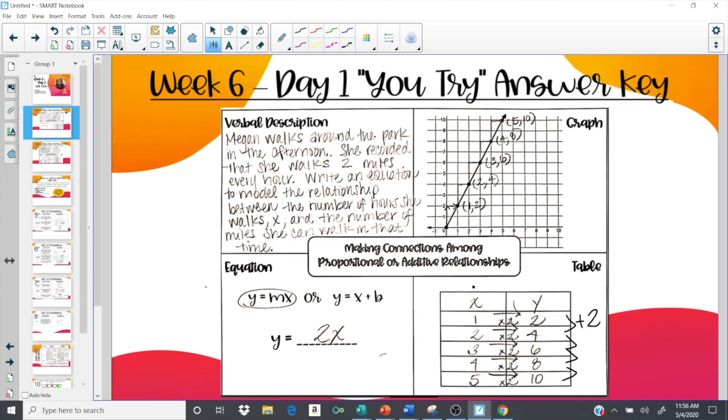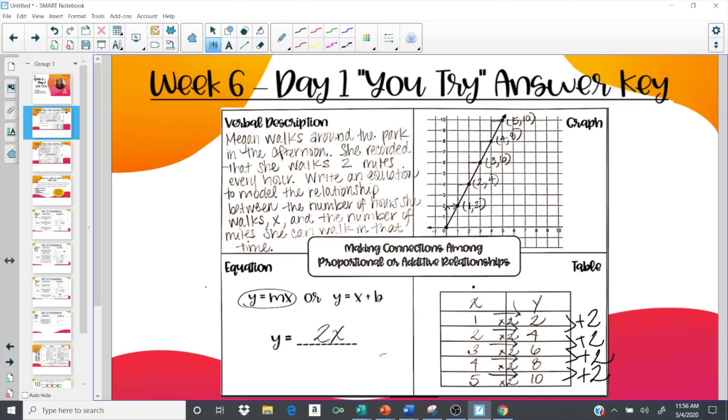The values are increasing by 2. 4 to 6, same thing. 4 plus 2 will give you 6. 6 to 8, again, you will add 2. And 8 to 10, add 2. So the y values are increasing by 2.